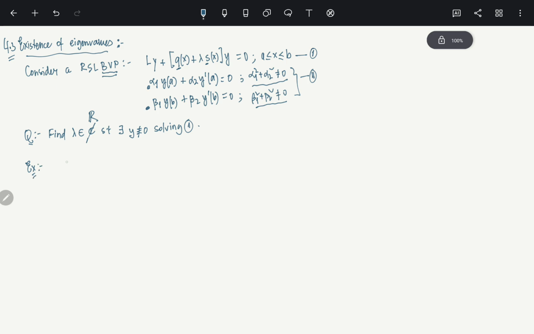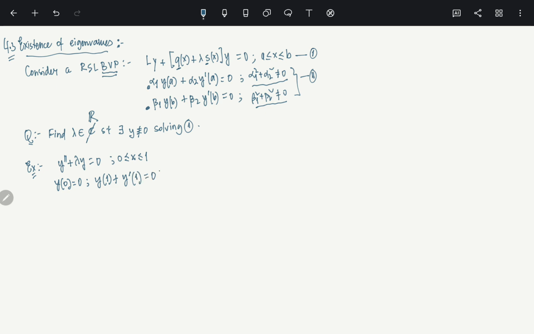We want to talk about this problem: y double prime plus lambda y equals 0, where x is between 0 and 1, with y(0) equals 0. This is a little more complicated than whatever we did up till now. Also y at the point 1 plus y prime at the point 1 is equal to 0.